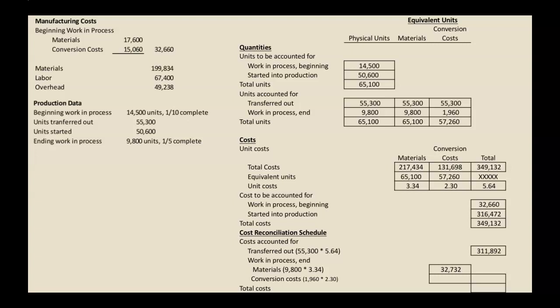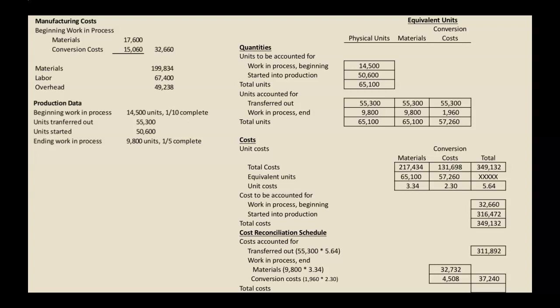Because they were only 1/5 complete. So we take that 1,960 units times the conversion cost unit cost of $2.30, and we will get 4,508. So we add our materials and conversion cost amounts together to find that the cost in our ending work in process was $37,240.